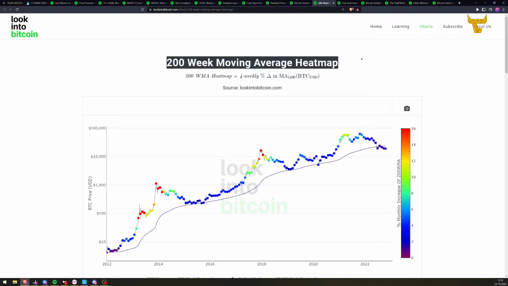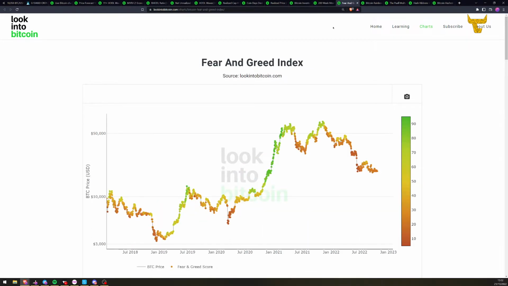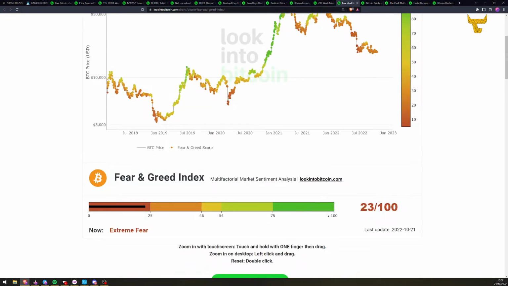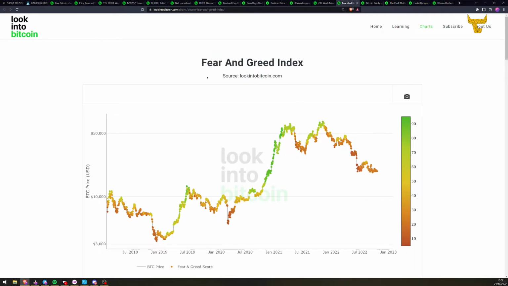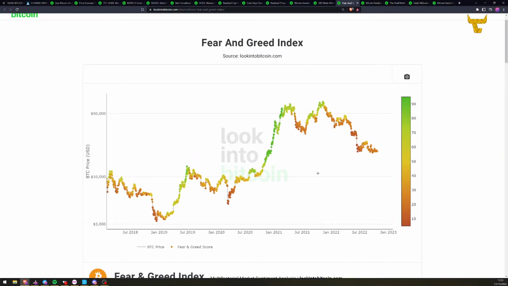200 weekly moving average, and the same thing. I know we talk often about it, but we are slightly below it. Fear and greed index. So there is a historical chart of that on this. And yeah, clearly we are into fear since the top, which is interesting here.